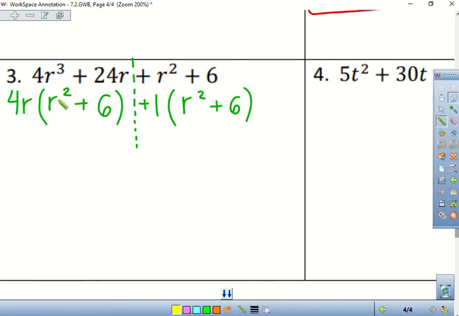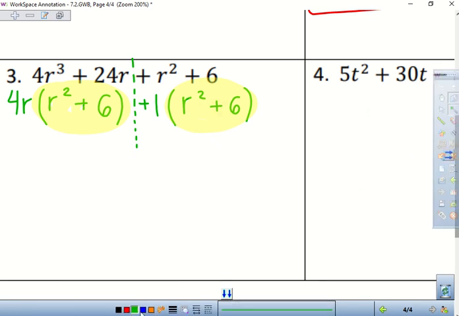Now, once we have that, we have these two binomials, which are identical, right? Yes. How the 6 on the right side of the equation stays the same over here? Yeah. Because it's 6 divided by 1, which is still 6. When you factor out, you're dividing it by that thing you're factoring out. So when you divide something by 1, it doesn't change it.